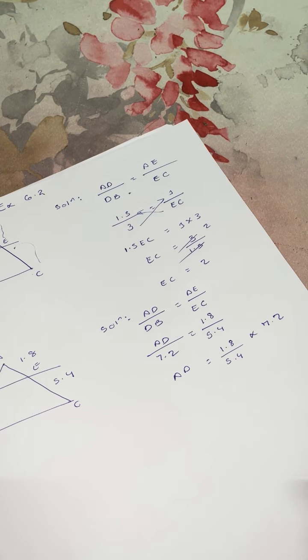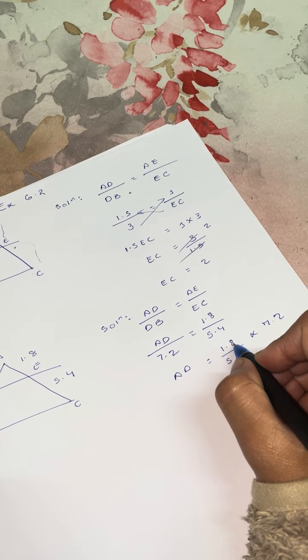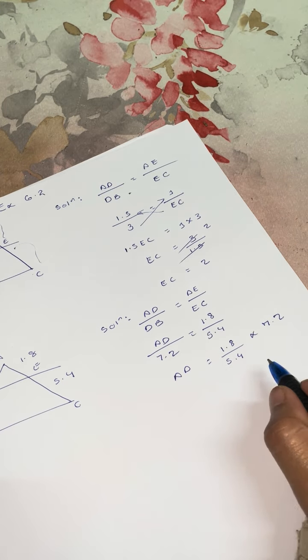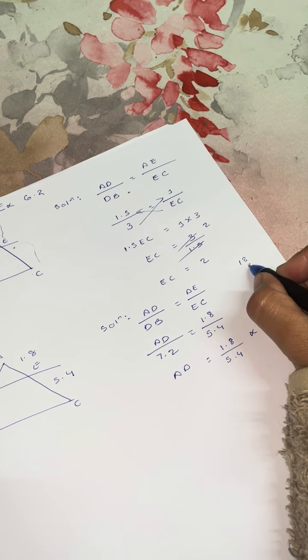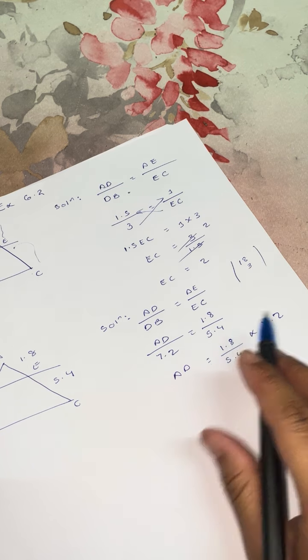Cross multiply: AD into 7.2 equals 1.8 into 5.4. We can forget about the decimal: 18 into 54.